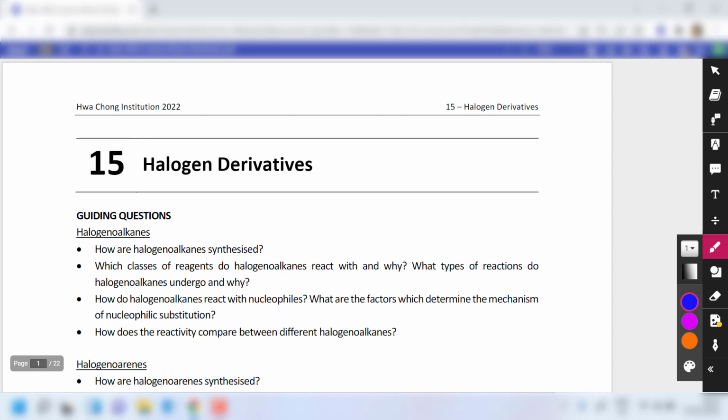For example, let's say we have propane here. If we subject propane to chlorine under UV light, potentially we can get either 1-chloropropane or 2-chloropropane. These are the two compounds we can potentially get if we are looking at mono substitution.